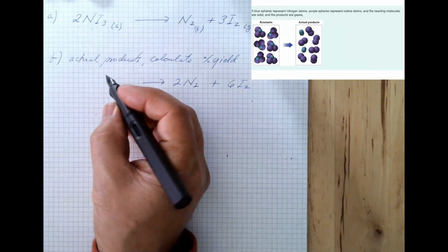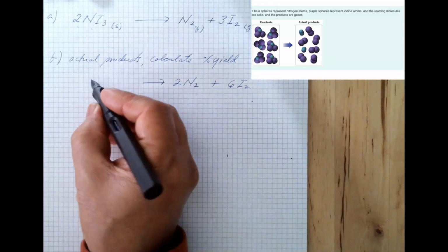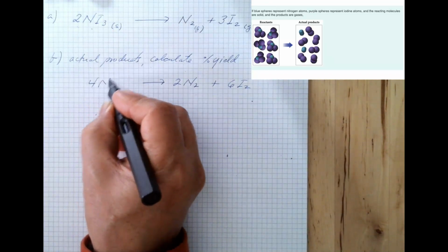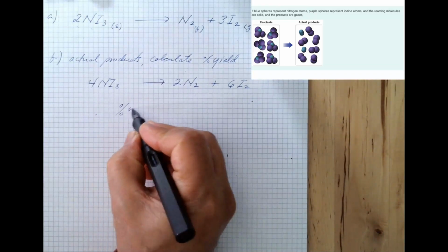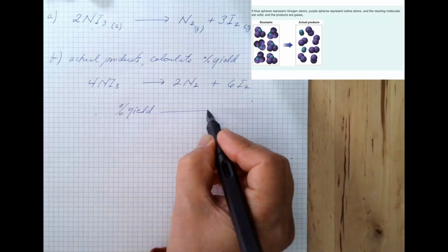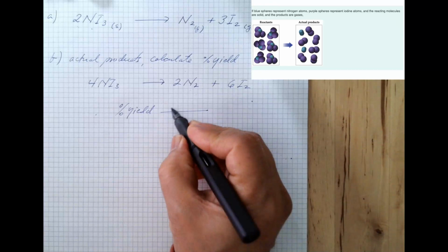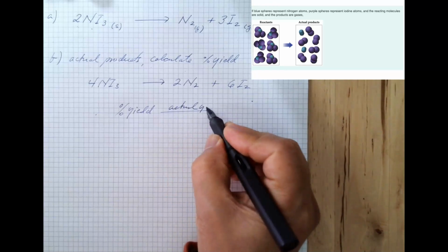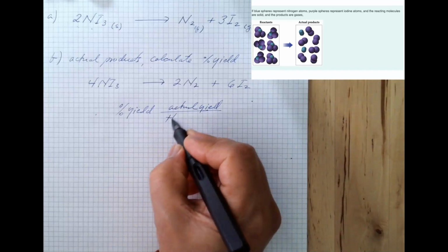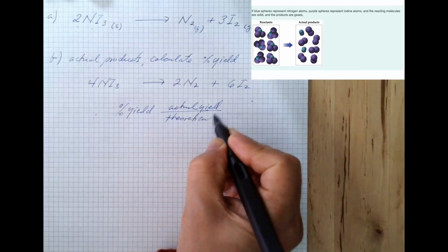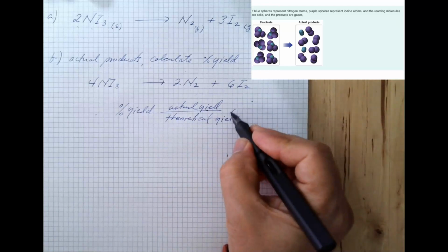Now, theoretically, to get 2 N2s and 6 I2s, you would have to start with 4 NI3s. The percent yield is calculated by dividing the actual yield over the theoretical yield, and then multiplying by 100%.